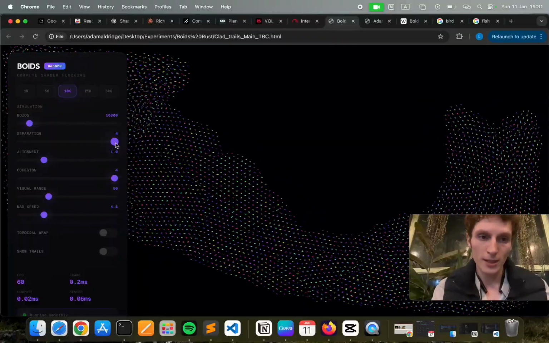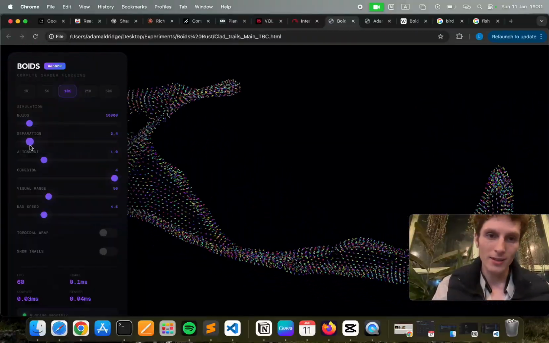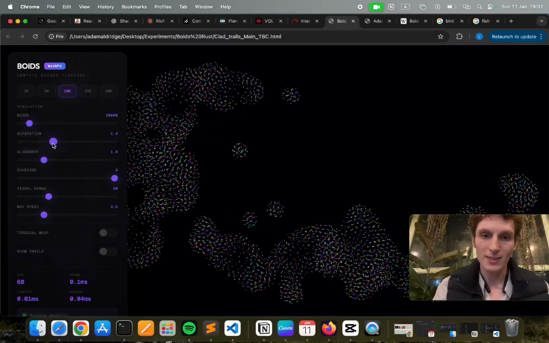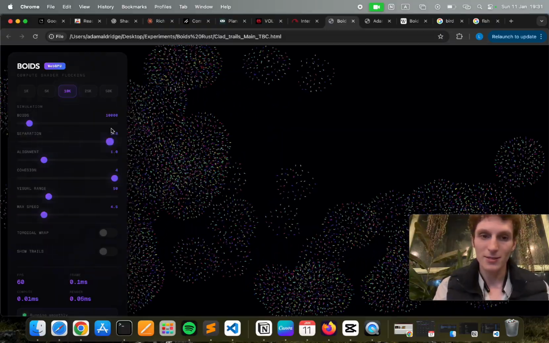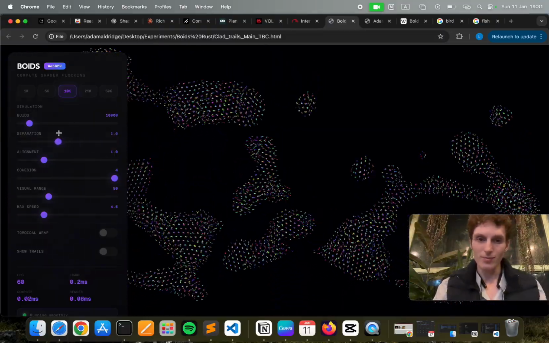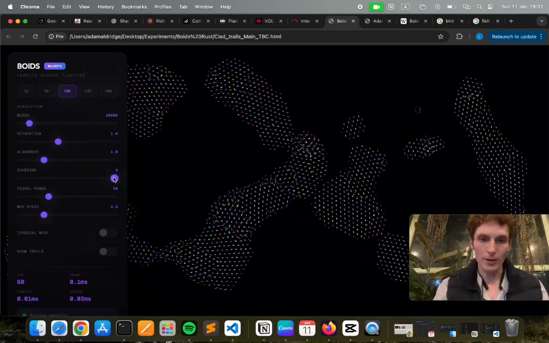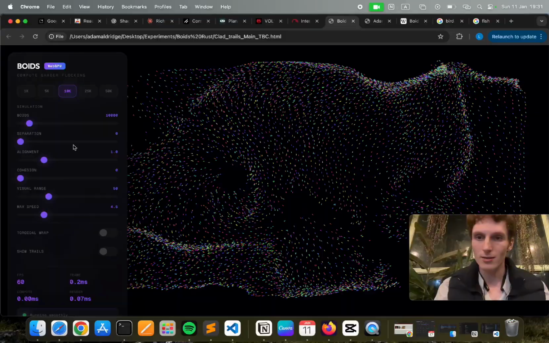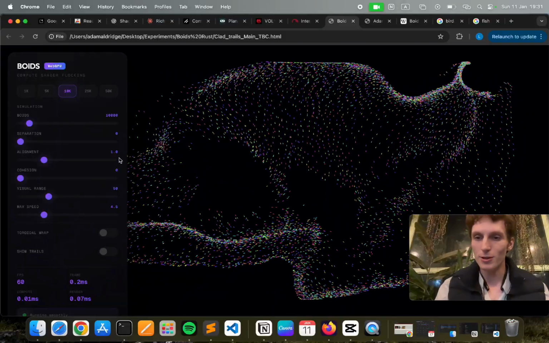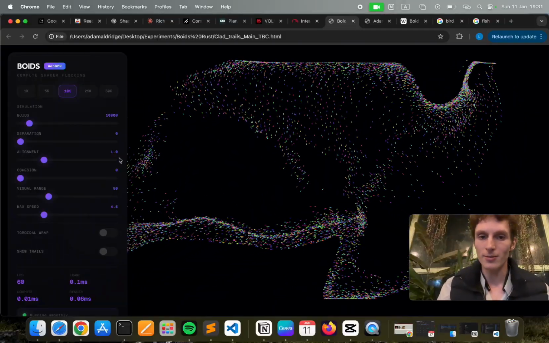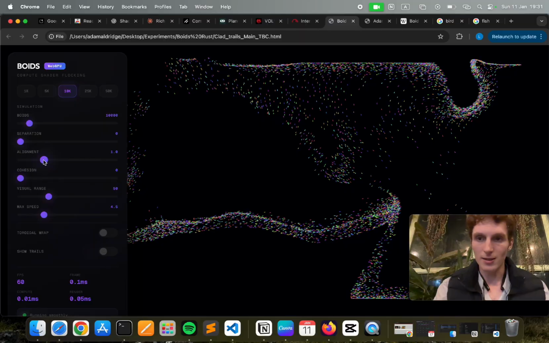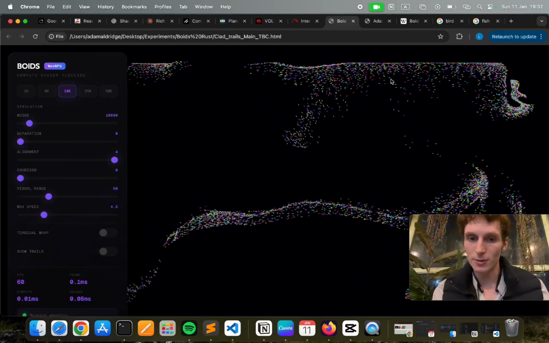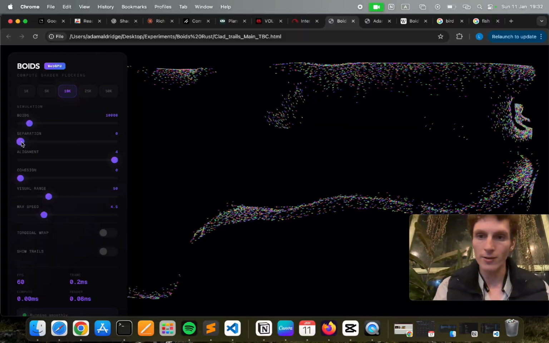So now if I take away separation, with high cohesion, they get stuck together. It's kind of fun. Then if I drop cohesion, they spread out again. If I drop separation, they're neither pushing towards each other or against each other. And then if I make alignment stronger, they tend to want to go in the same direction as each other.